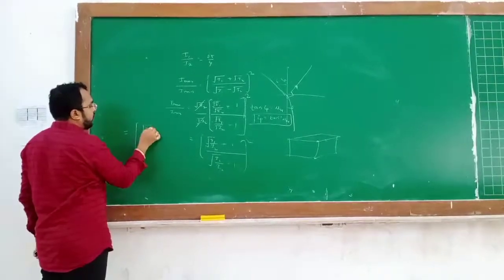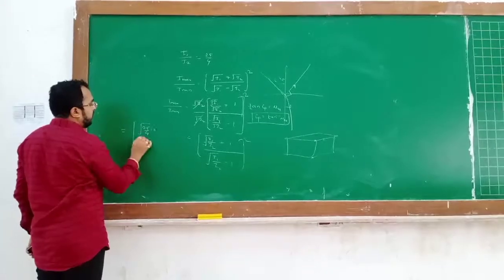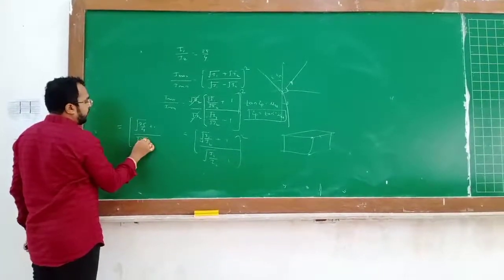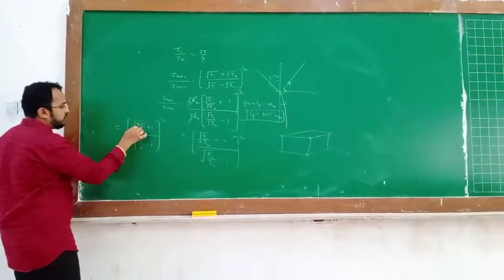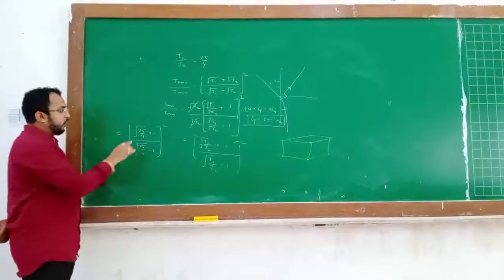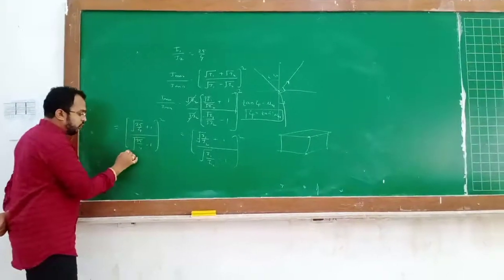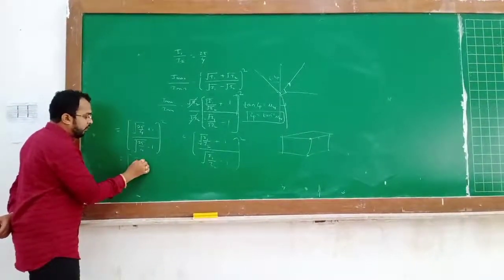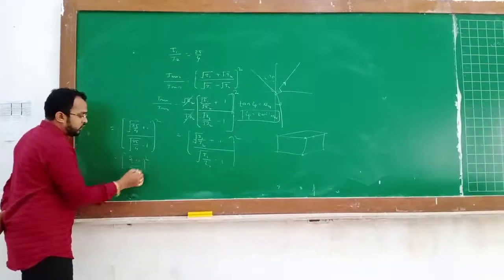So root of 25 by 4 plus 1 upon root of 25 by 4 minus 1, the whole square. Root of 25 is 5 and root of 4 is 2. So it will be (5 by 2 plus 1) upon (5 by 2 minus 1), the square.